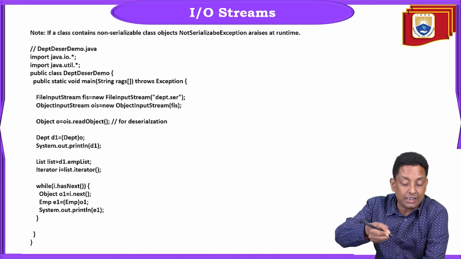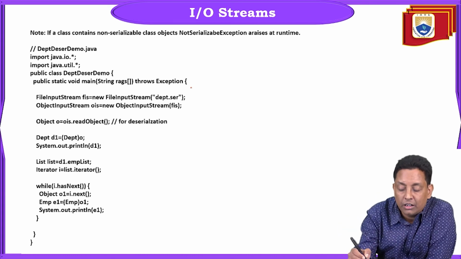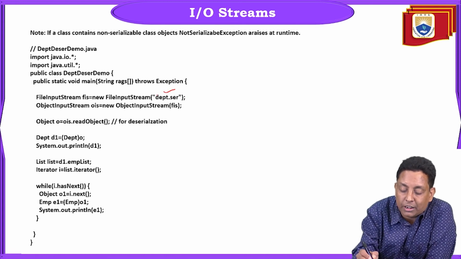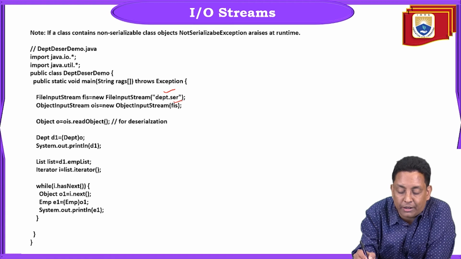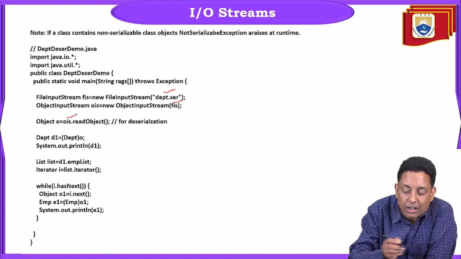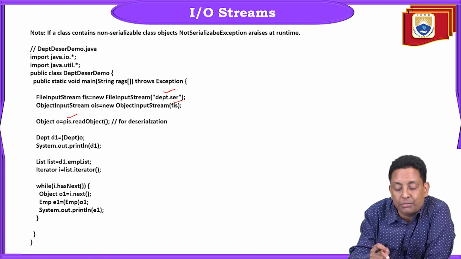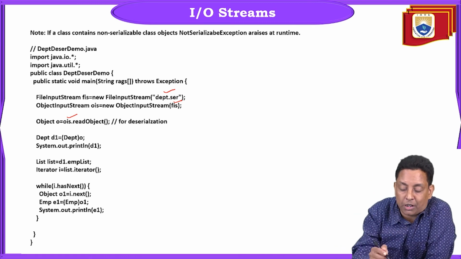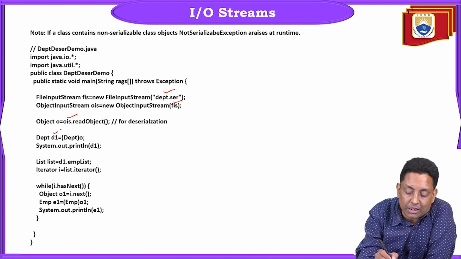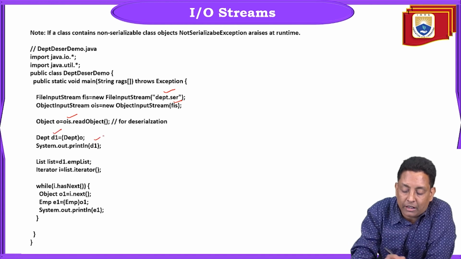Here we are writing a deserialization program. Through FileInputStream, we are reading from department.serializable. That FileInputStream we give to ObjectInputStream. ObjectInputStream.readObject will read which object? We wrote only one object, the department object. Hence, we typecast the object into Department and print it.